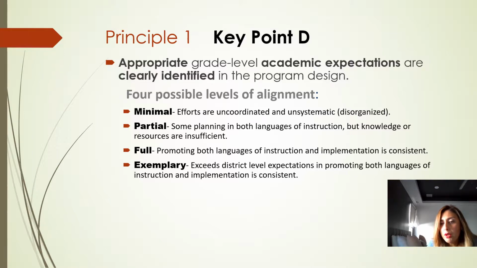If it's partial, there is some planning in both languages of instruction, but the knowledge or the resources are insufficient. At full, it is promoting both languages of instruction and implementation is consistent. But if you've reached exemplary, it exceeds the district level. The expectations in promoting both languages of instruction and implementation are consistent at this level.